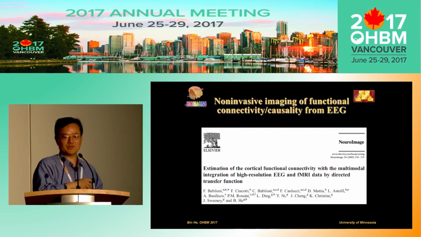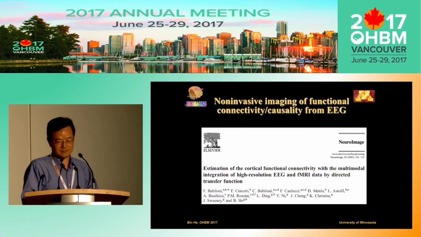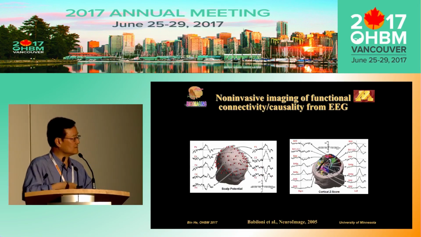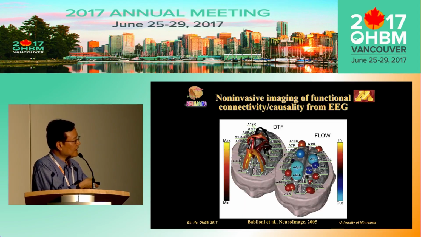This is a collaborative work with Fabio Babiloni and Laura Astolfi, and for many years we have collaborated along this line. You can see that from the scalp EEG data, you can reduce that to the waveform of a region of interest in the cortex. In this case, everything is fixed. And then you apply the Granger causality to get information flow, either outflow or inflow.